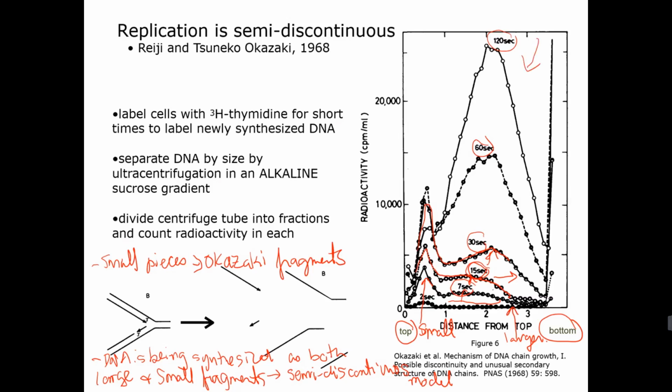So the proportion of big fragments increases, presumably because these small fragments that were being generated down here become joined together, although there's still some small amount of them being synthesized. These older ones are being joined together into larger pieces of DNA. So that's another takeaway from this.